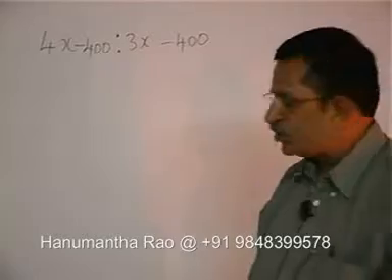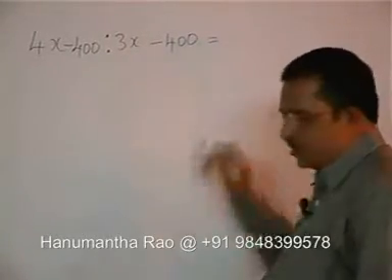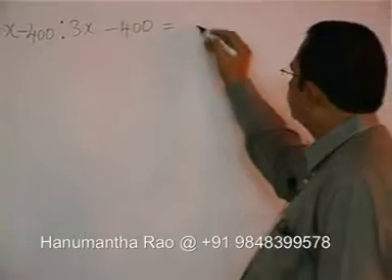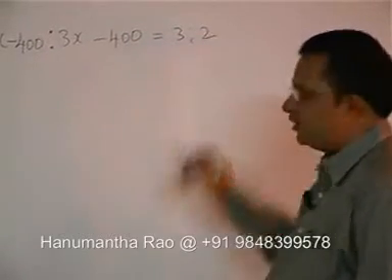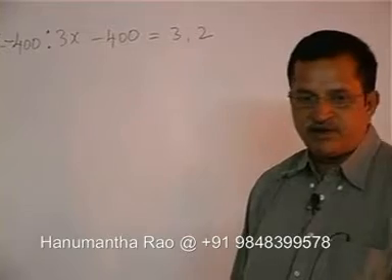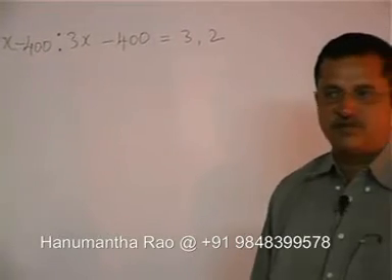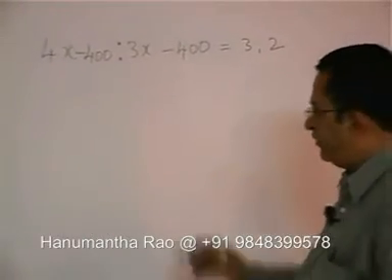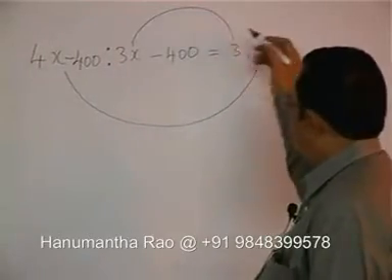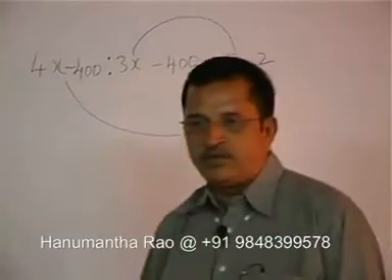If you find the ratio between the expenditures, the ratio becomes how much, as he told? 3:2. Find the value of x. Product of the extremes is equal to the product of the means.